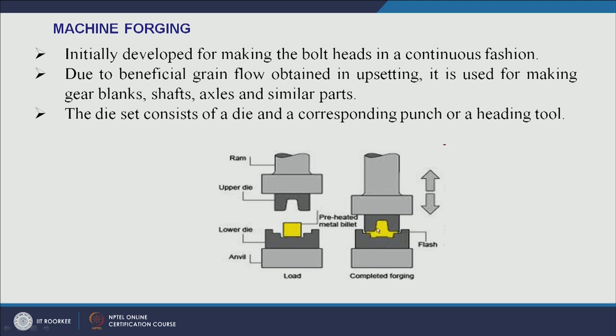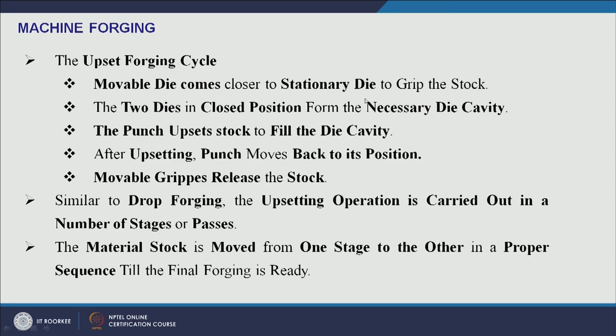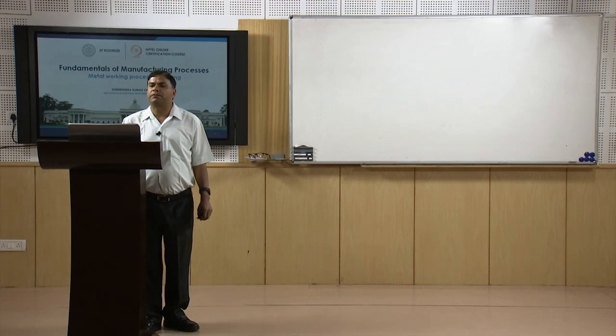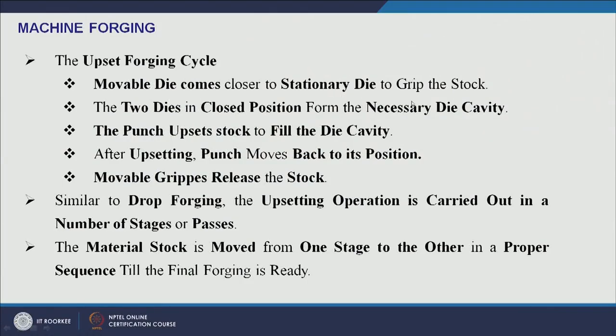So, this has a smaller cross-sectional area at one end, and the increase in cross-sectional area at the other end is achieved through upsetting. So, one end is of a larger cross section than the other end. These are the steps in the upset forging cycle, where the movable die comes close to the stationary die to grip the stock.